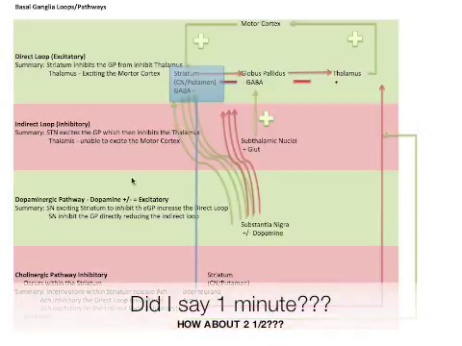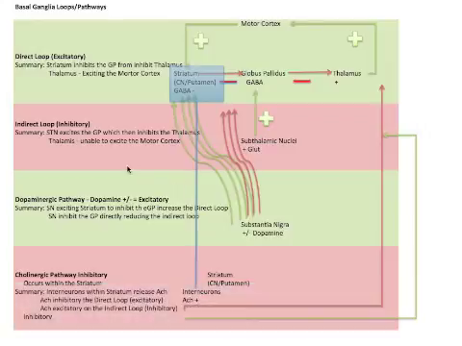Now, for a brief, in under 1 minute, basal ganglia review, we will start with our loops and our pathways. So we have direct loop, which is excitatory, indirect loop, which is inhibitory, dopaminergic pathway, which is excitatory, and cholinergic, which is inhibitory.